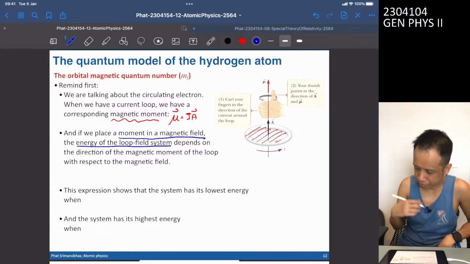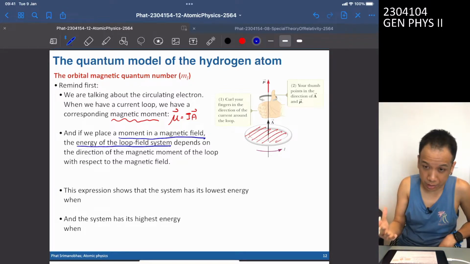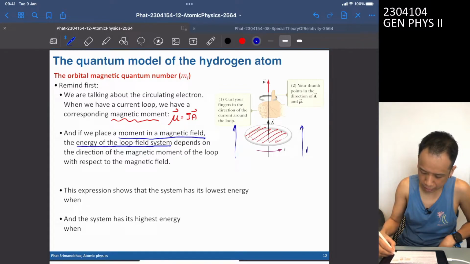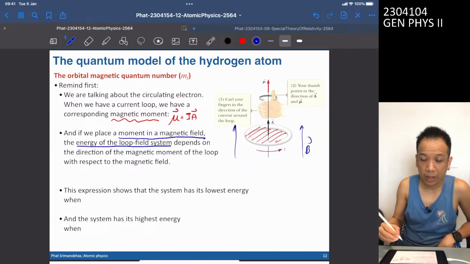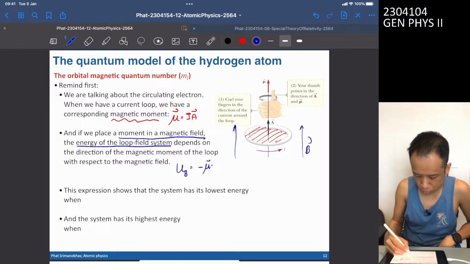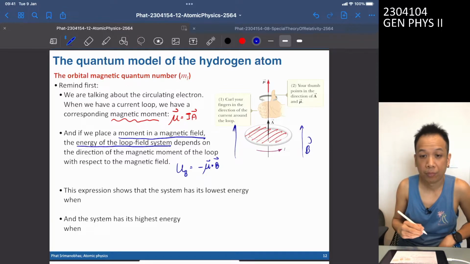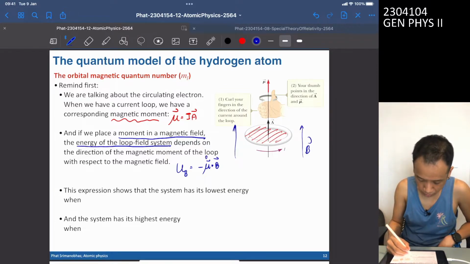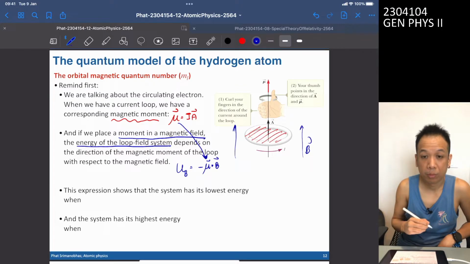So if you put this in the magnetic field B, it creates the potential energy, and that potential energy is equal to minus mu dot B. This mu is the magnetic moment, and B is the external field.